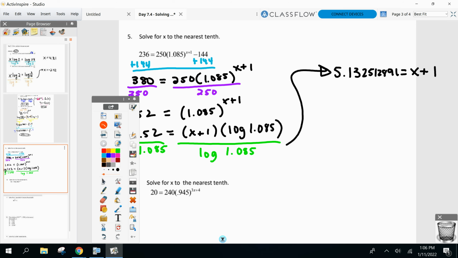And finally there, kids, move the 1 over. Yep, 4.1.